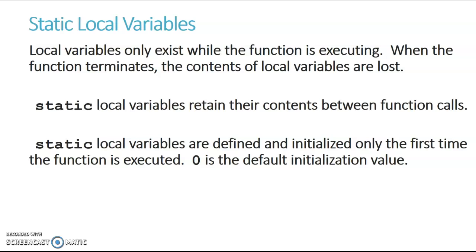Okay, so once it's initialized, it will retain its value while the whole program is executing. So for instance, I could create a static local variable so that every time I call a specific function, I could create a tally and figure out how many times that function was called while the program was executing.